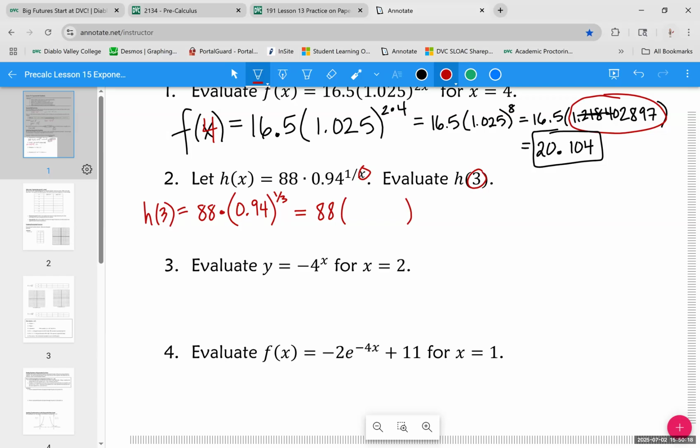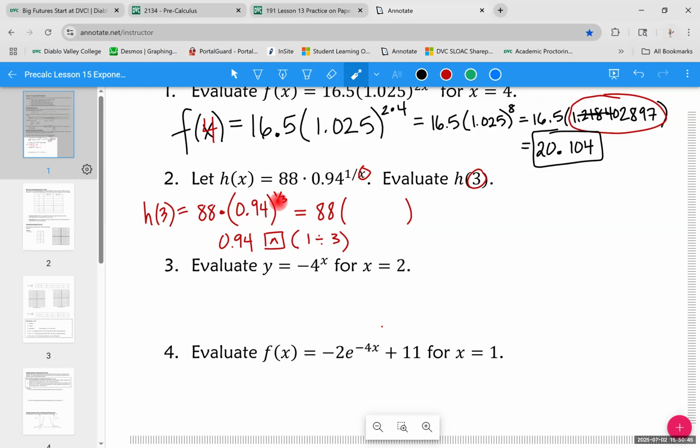Again, just logistics. When you're plugging these things into your calculator, if I'm going to plug in 0.94, I need to put my exponent button, whatever that is. Mine looks like that. Then I need parentheses, 1 divided by 3, end parentheses. If I don't put those parentheses, it's not going to give me the right answer, because it's going to think my exponent is just the 1.